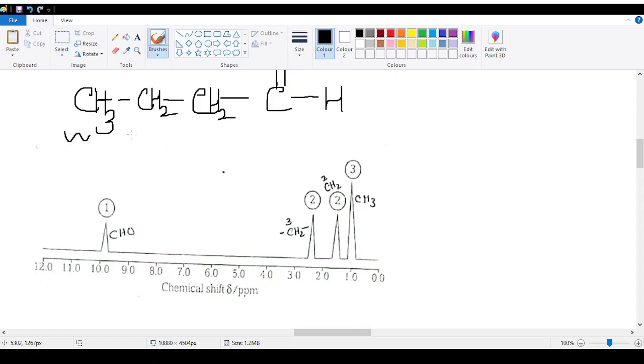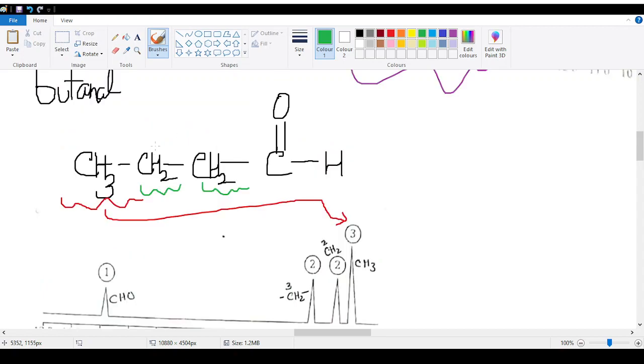Let's go to this. This one is CH3. This one is CH2, and this one is CH2 as well, but even though they look similar, the chemical environment is different. Why? Consider these two hydrogens: on the left side they're joined with CH3, on the right side with CH2.